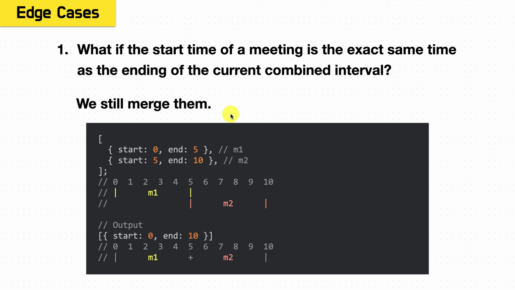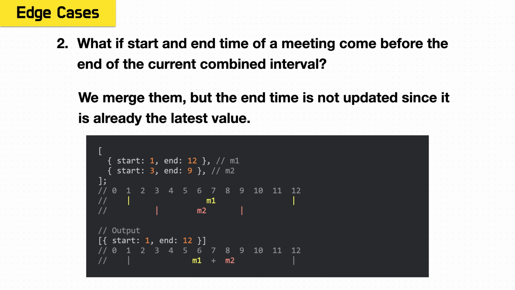They're still considered overlapping because there's no gap between the meetings. So if the first meeting goes from 0 to 5, and then the next one after it, after we sort the meeting, starts at 5 and ends at 10, then this combined interval of meetings goes from 0 to 10.